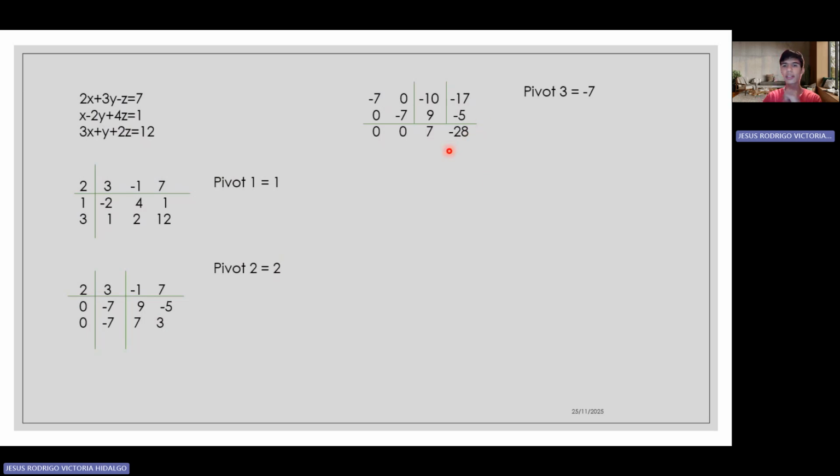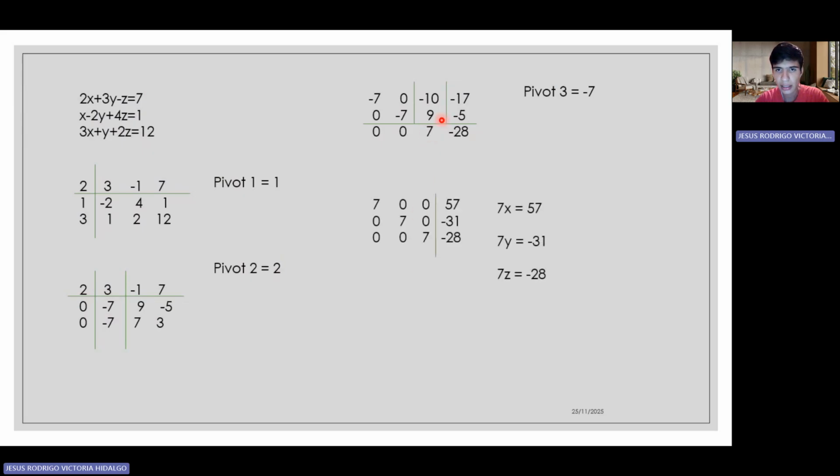Now we're going to take the last pivot, minus 7, right here. This minus 7 is the last pivot. We also take this position as a pivot, and only this position is left as a pivot.